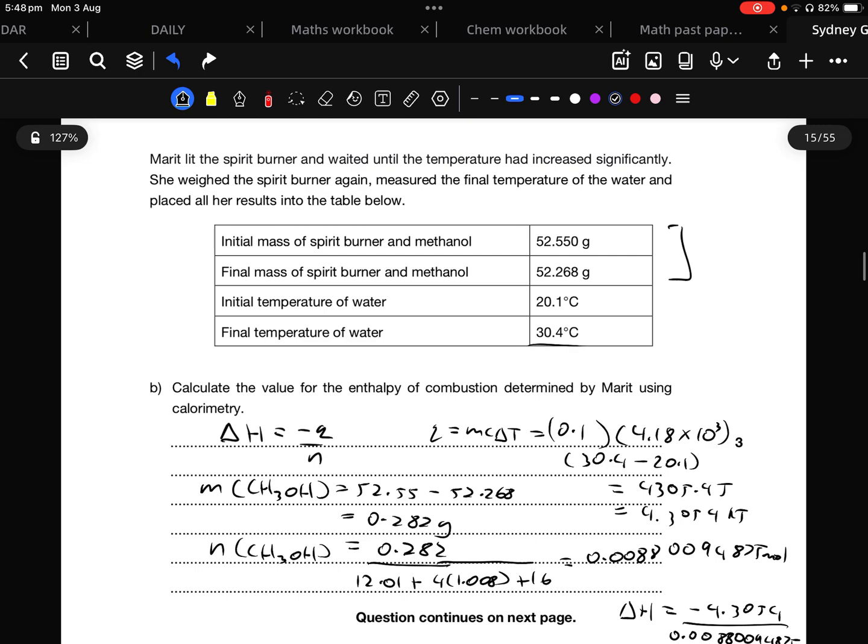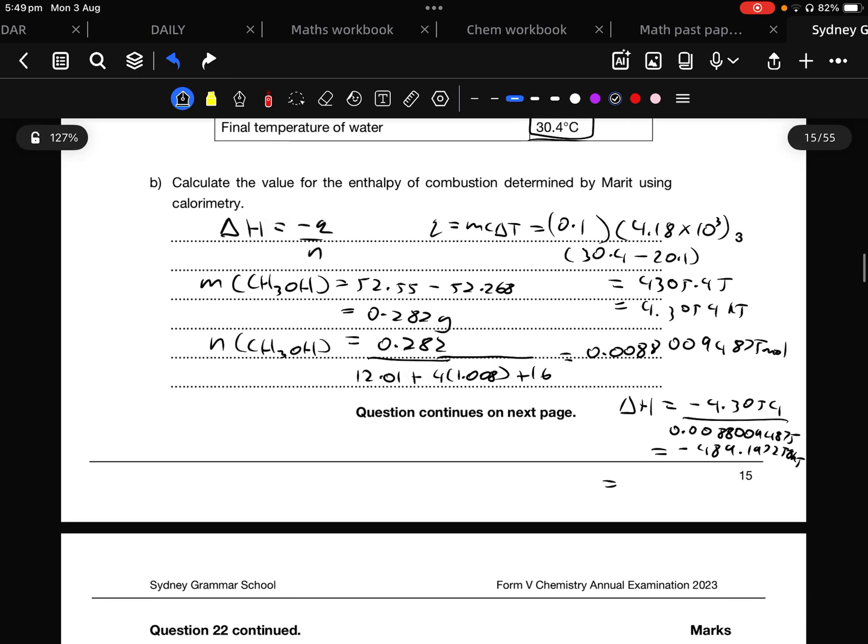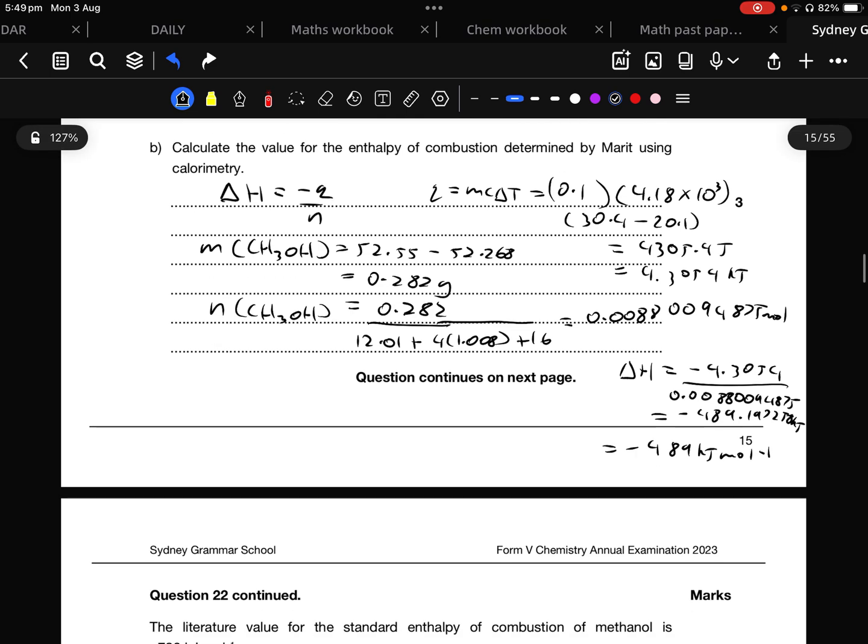Round it to 3 significant figures, which gives us minus 489 kilojoules per mole.